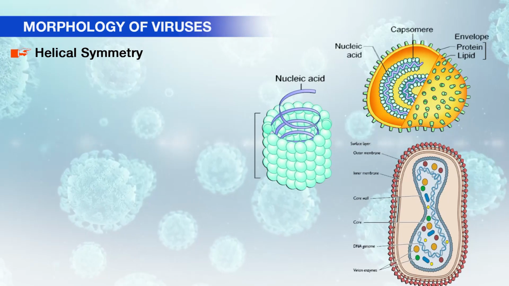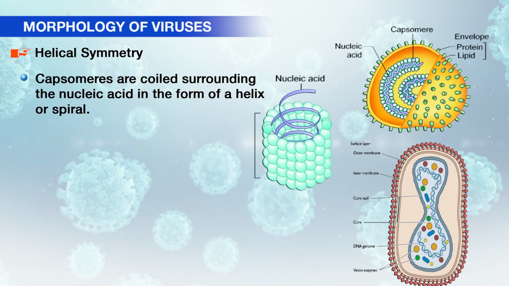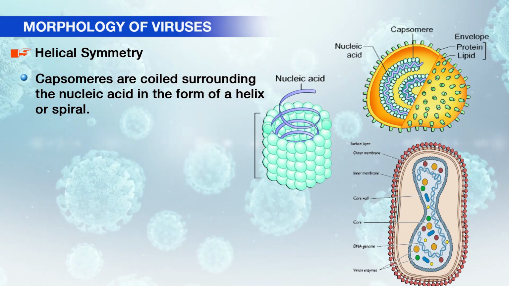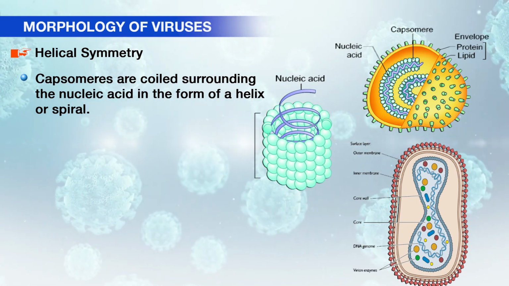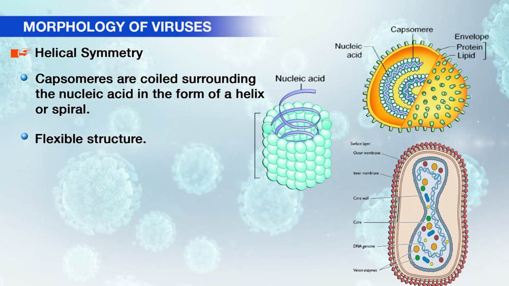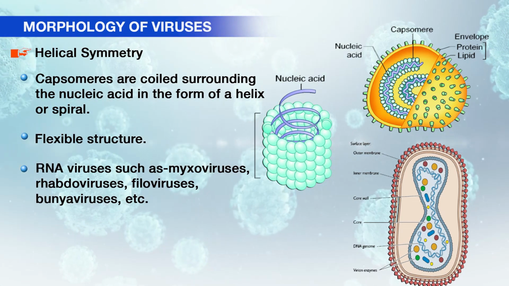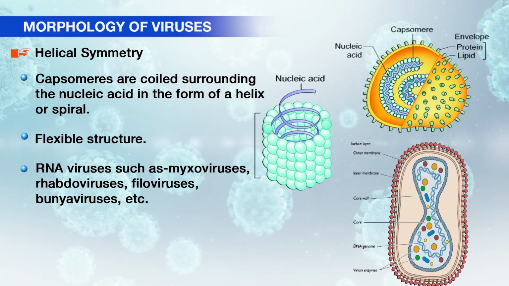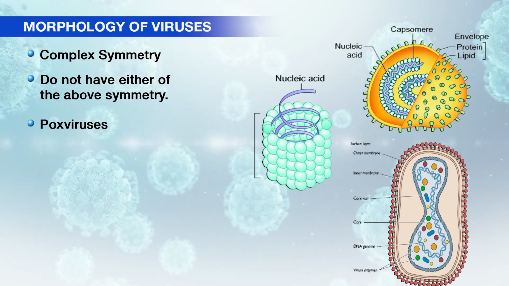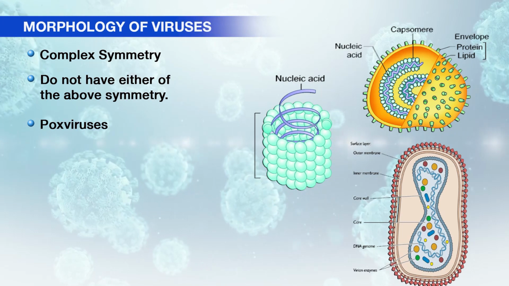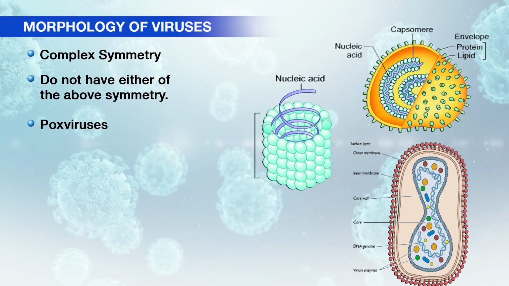In the helical symmetry, the capsomeres are coiled surrounding the nucleic acid, hence forming a spiral or a helix. This is a flexible structure, and you see this in RNA viruses like myxovirus, rhabdovirus, filovirus and bunyavirus. The complex symmetry is seen in pox virus, wherein you see neither of the above mentioned symmetries.